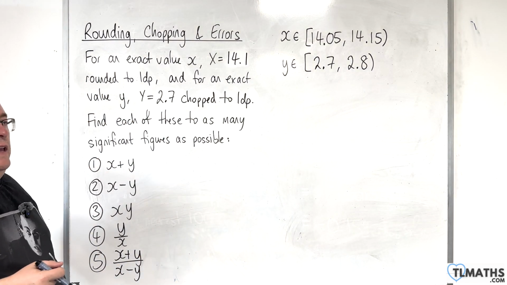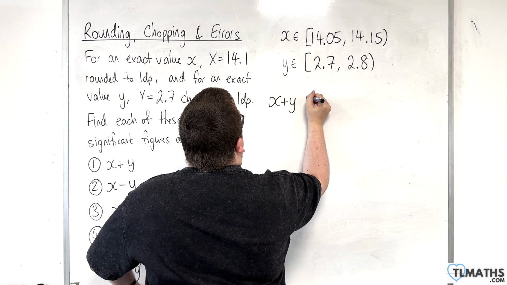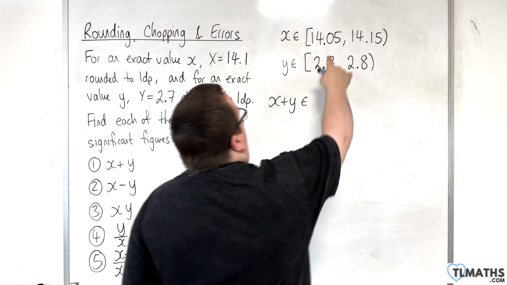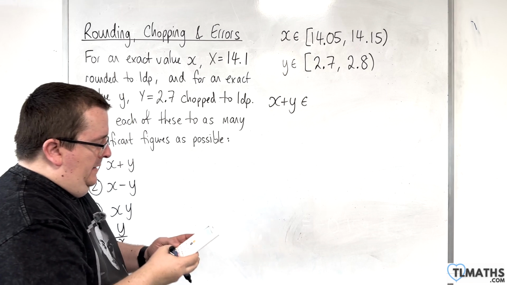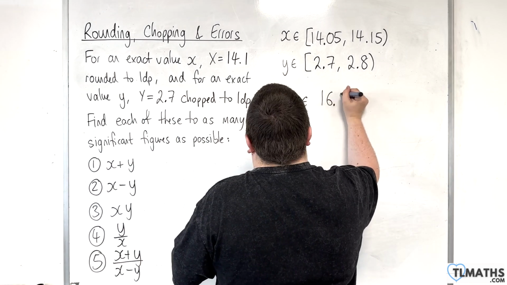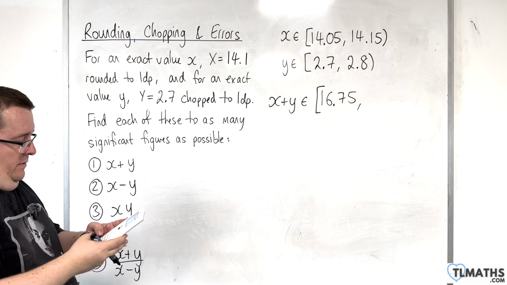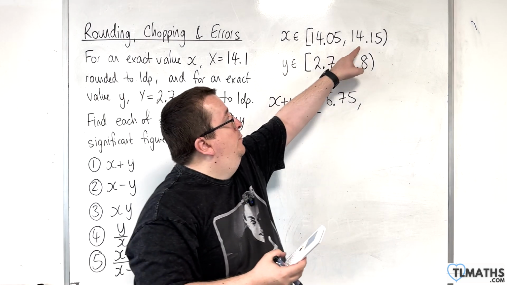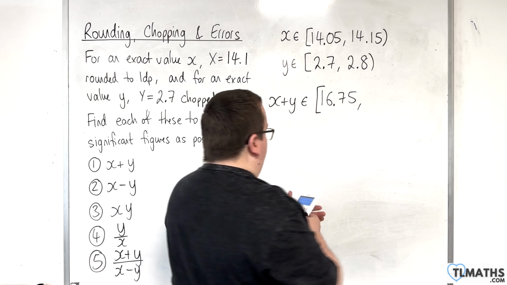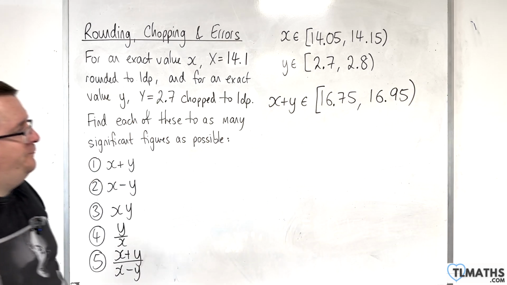So for number one, we're looking for x plus y. Well, the lowest value that it could be would be the sum of the two lowest values that we've got there. So 14.05 plus 2.7, 16.75 inclusive. And then the largest value would be the sum of the two largest values, 14.15 plus 2.8, and that's 16.95, and that's not inclusive.